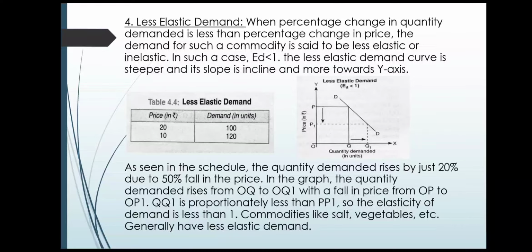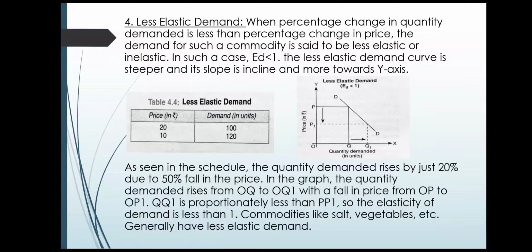As a result, in the graph, the price has decreased from OP to OP1, which is a great decrease, but the quantity demanded increases by a very small amount. So the demand curve being formed is quite steep and very near to the y-axis.